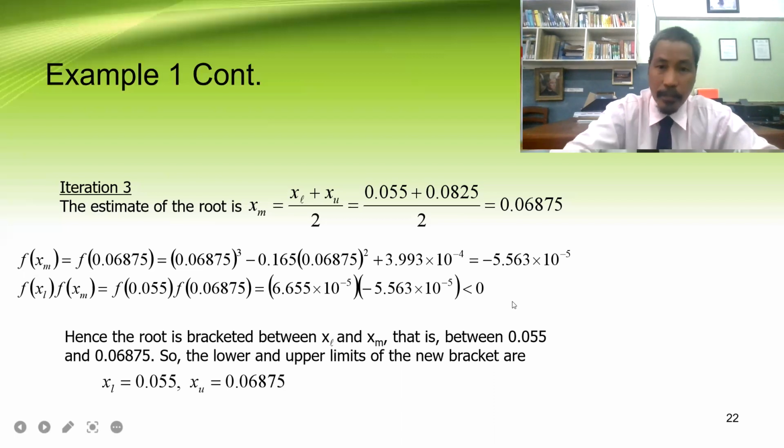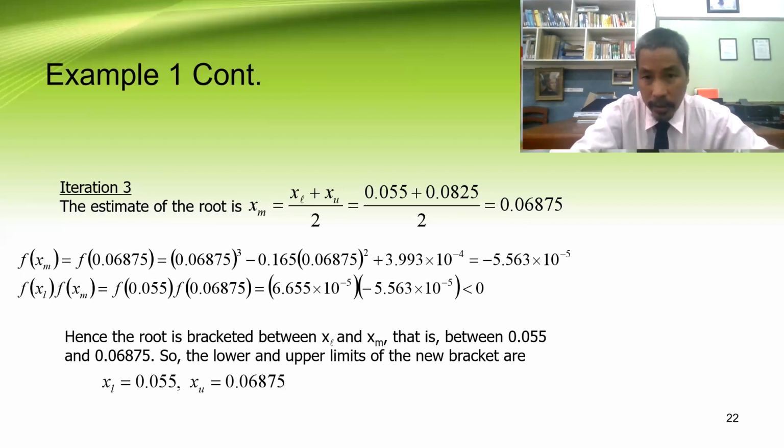Therefore, we know that the root is between these two. What are these two? This is 0.055 and 0.06875. So it is written here, between 0.055 and 0.06875. We already know that by mathematics.